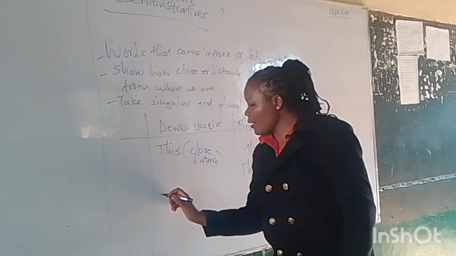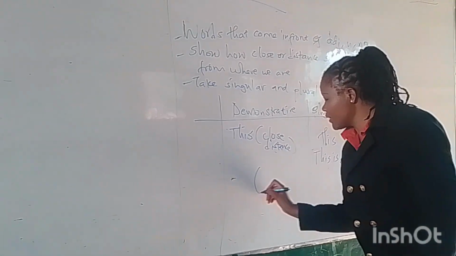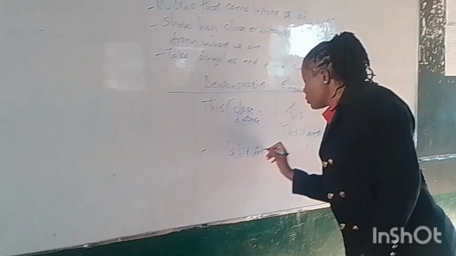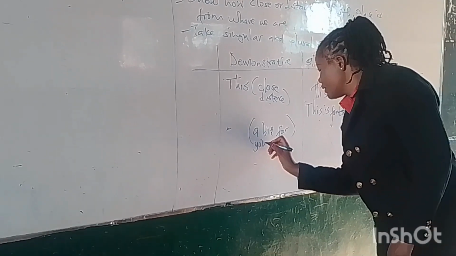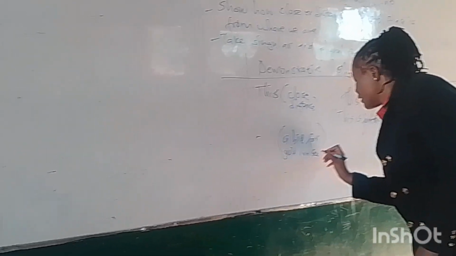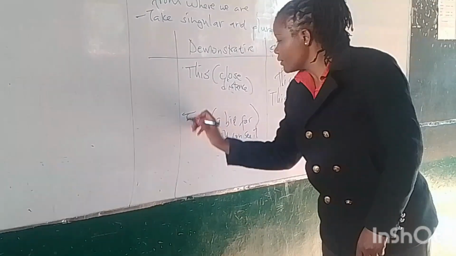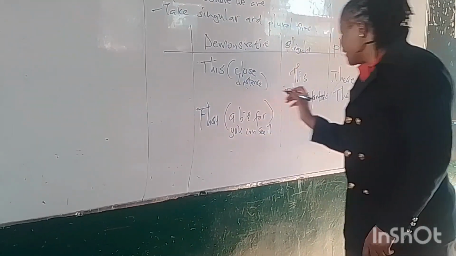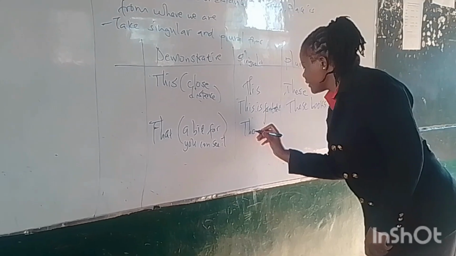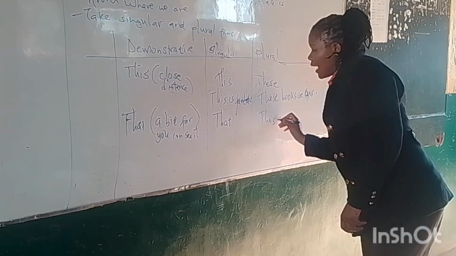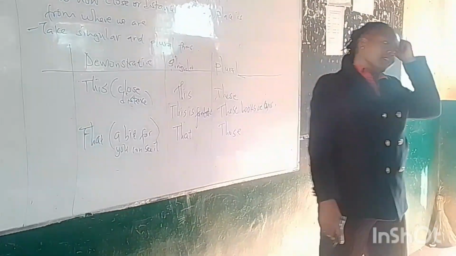Okay. Now, when something is a bit far, but you can see it, we said use that. So in singular it remains that. In plural, those. A sentence with that.